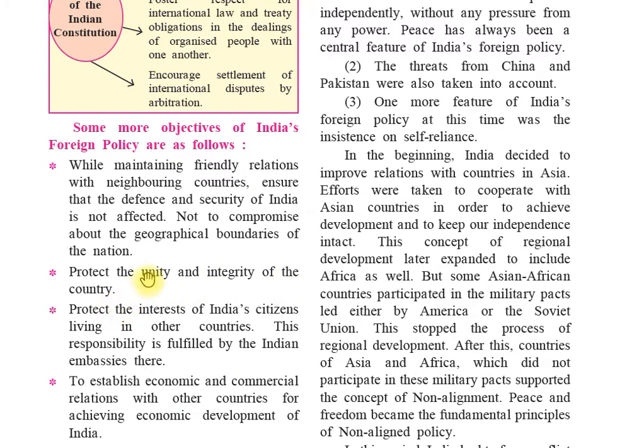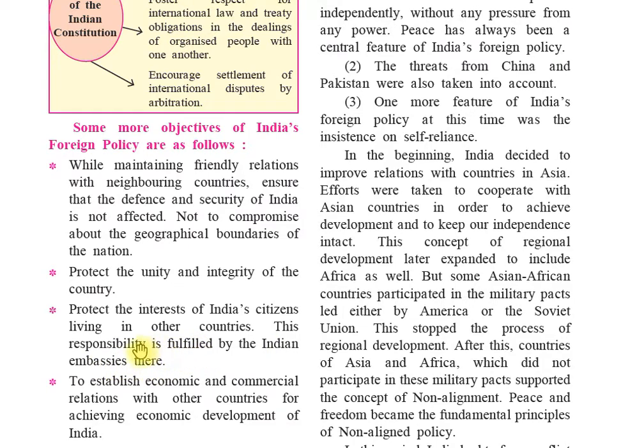So we should be united and integrated, connected with every country. Protect the interests of Indian citizens. Who are citizens? We are citizens. We try to protect our interests living in our countries. This responsibility is fulfilled by Indian embassies there.